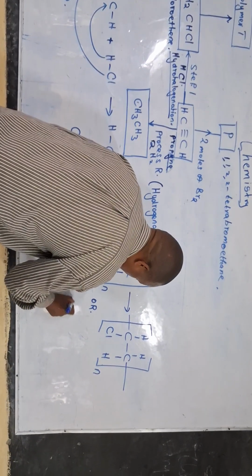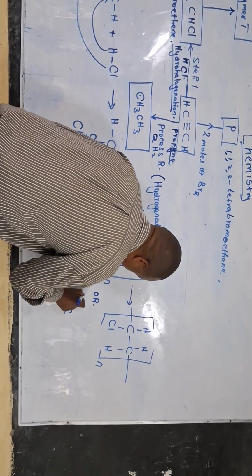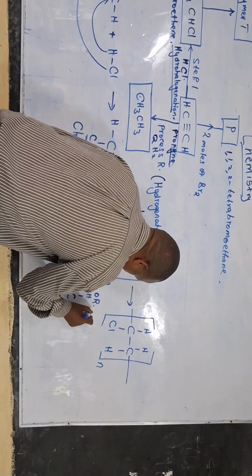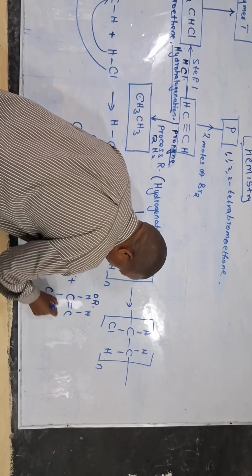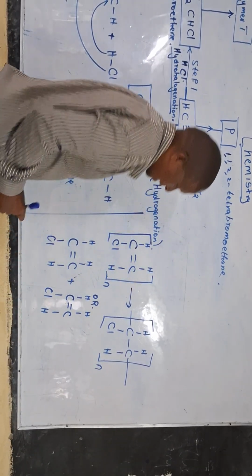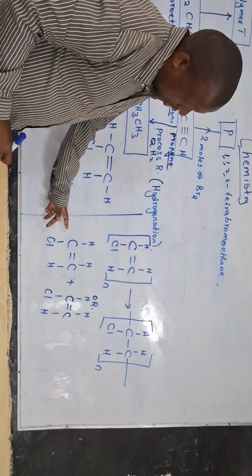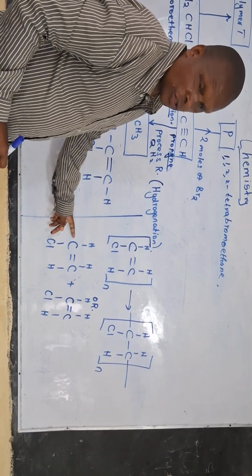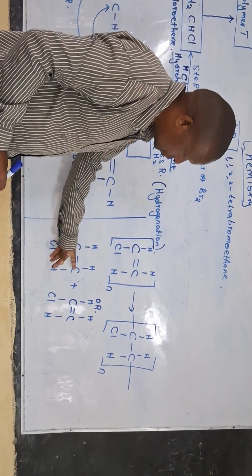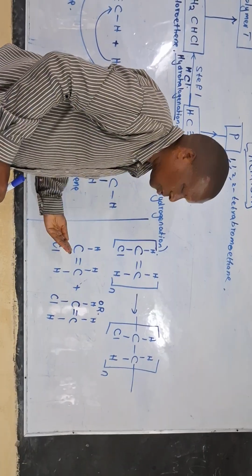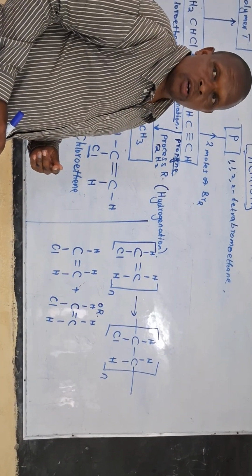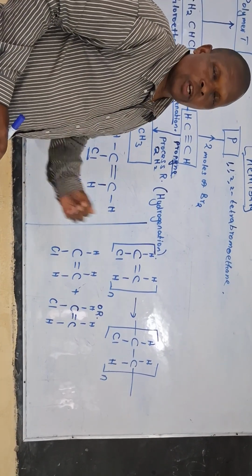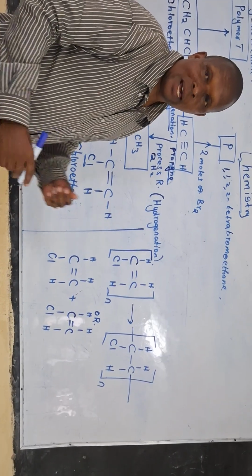So you have C, double bond C, then hydrogen, hydrogen, chlorine, and hydrogen. Now, how many carbon atoms are in the longest continuous chain? 1, 2, 3. In other words, these 2 molecules are going to join to form a single molecule, a single molecule which is a long chain.